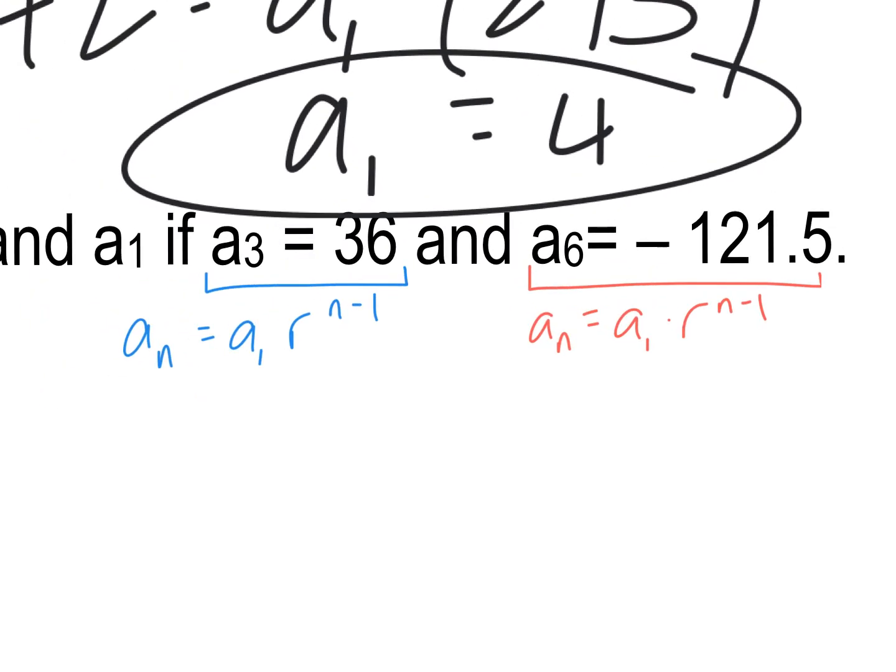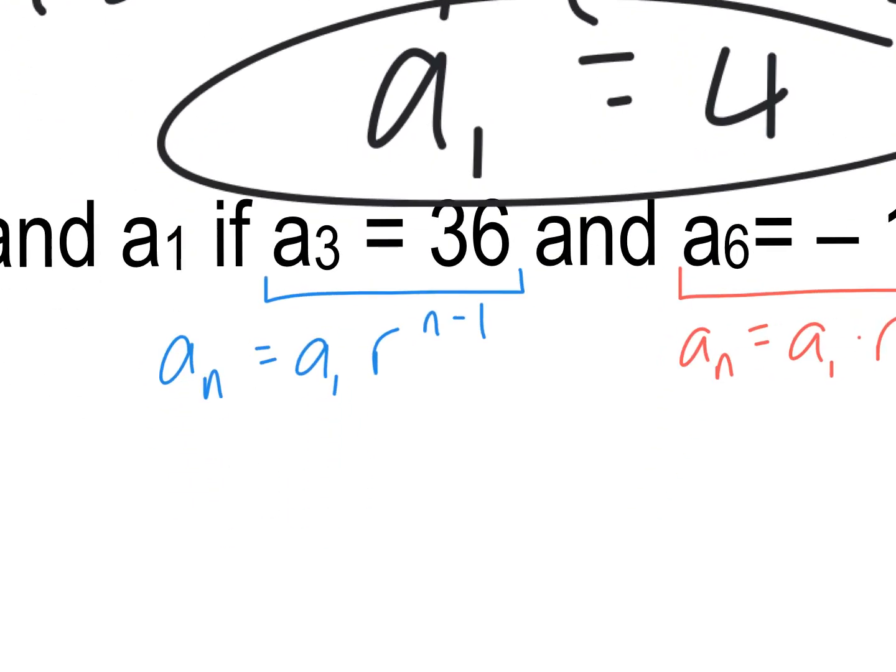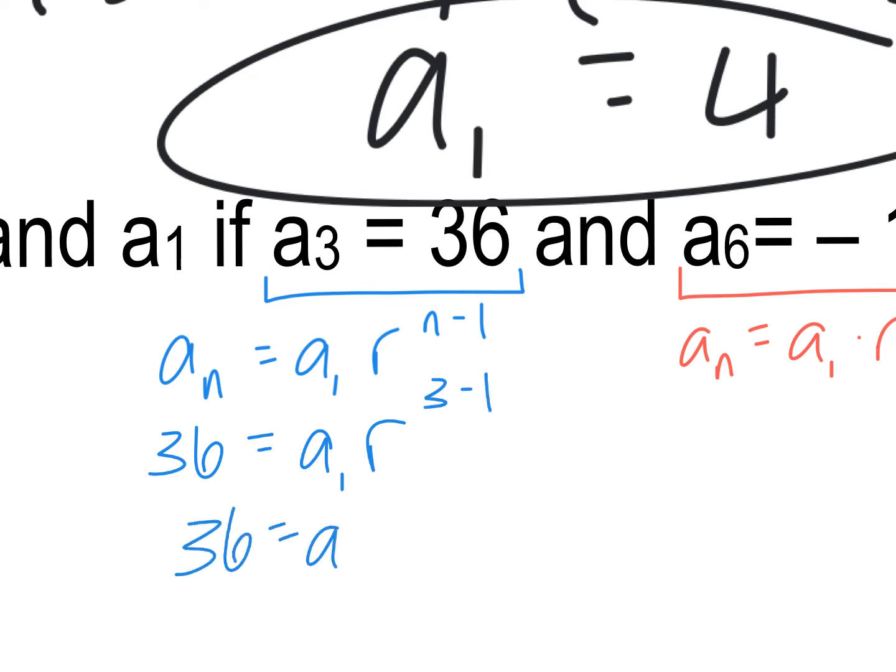Okay, so plug in all of your numbers that you know. So a3 is 36. That means that my third term is 36. Don't know what a1 is or r is, but I know that n is 3 minus 1. So 36 equals a sub 1 r squared. That's my first equation.